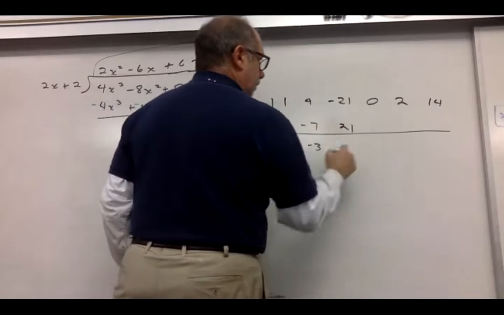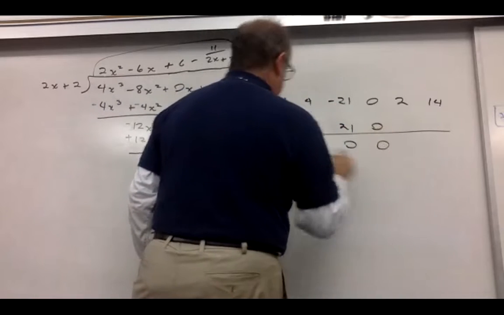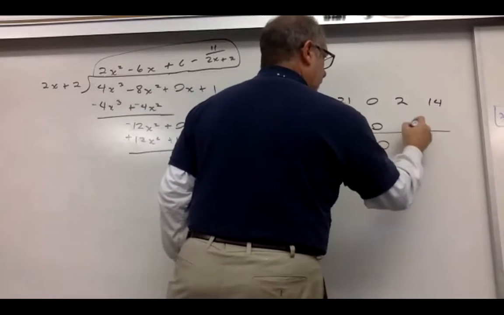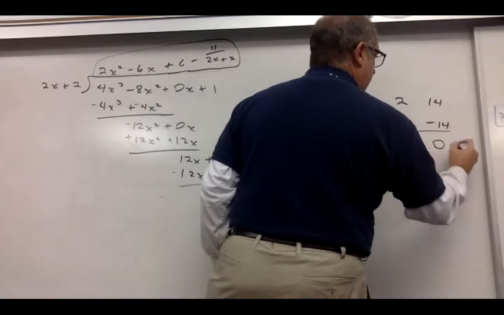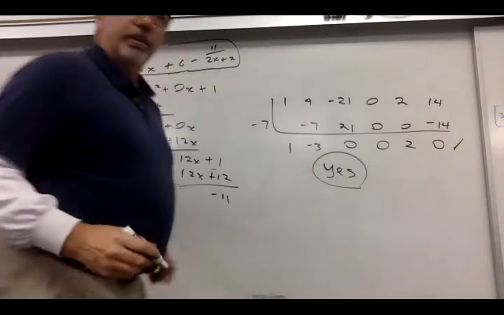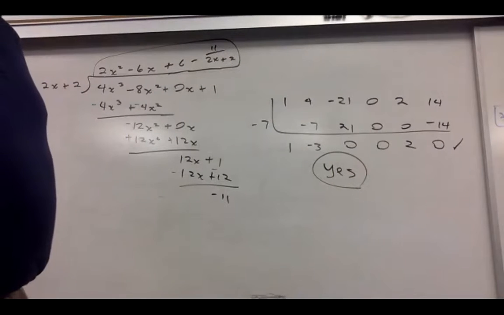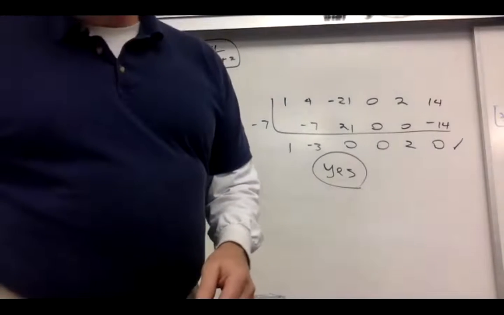Multiply. Add. Multiply. Add. Multiply. Add. Multiply. Add. 0. So the answer is yes, it is a factor. Whoever invented synthetic substitution did us a big favor. Saved a ton of work.